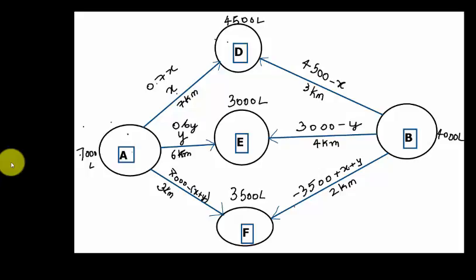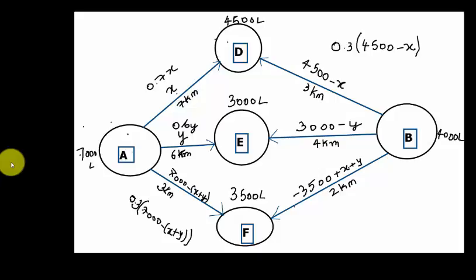All right, and here the entire entity, that's the amount of liters of oil being transported, will be multiplied by 0.3. So that's 0.3 into 7,000 minus of X plus Y. Now what happens here? The transportation cost is simply going to be equal to 0.3 into 4,500 minus X. And what's the transportation cost here?